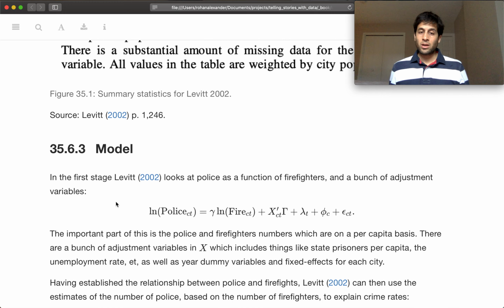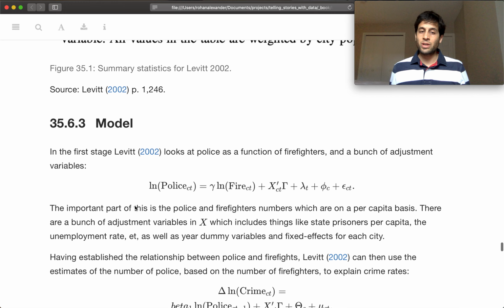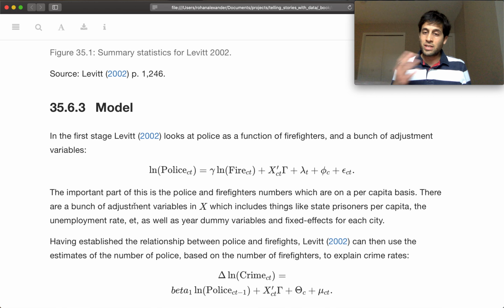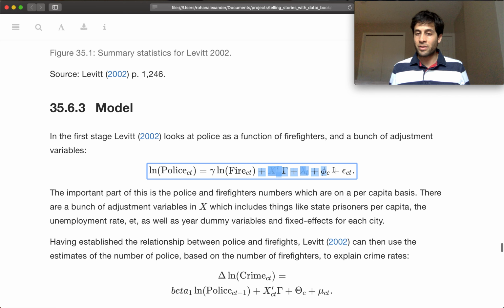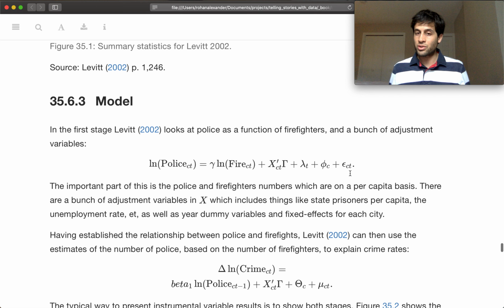The model, he writes out his model, and so he says that in the first stage, the number of police is explained by the number of firefighters. And so this is that part of the model, and then after that there's a whole bunch of other variables that just adjust for various city and county level effects and things like that.